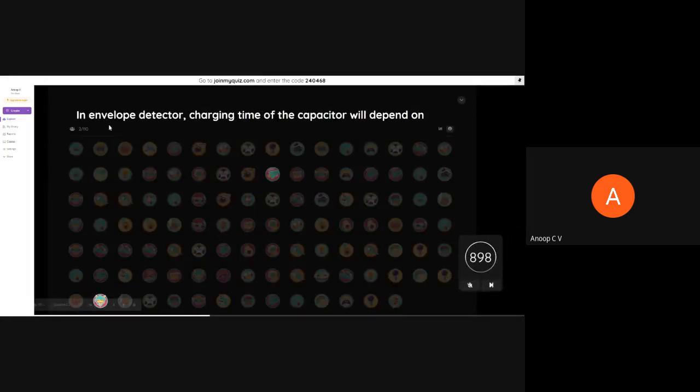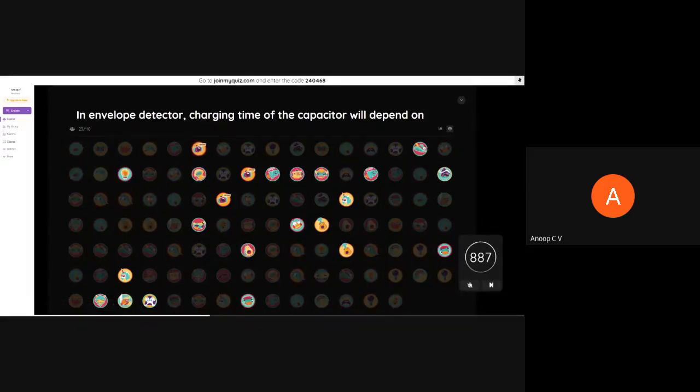Right. So in envelope detector, the charging time of the capacitor will depend on which parameter?